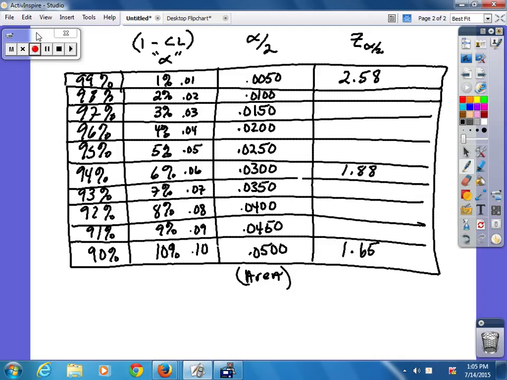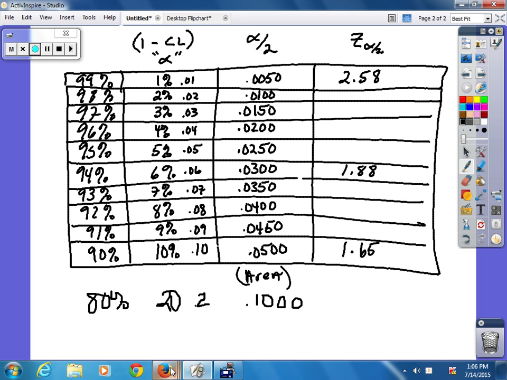And if it said 80, then what would alpha be? If you had an 80% confidence level, what would alpha be? 20% or 0.2. And then 0.2 divided by 2 is 0.1000.